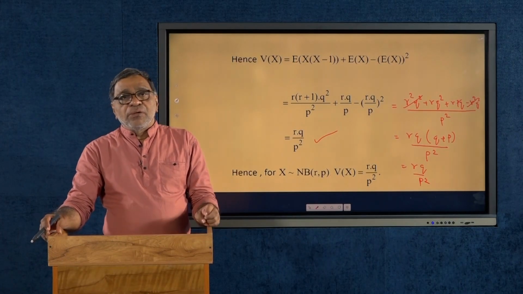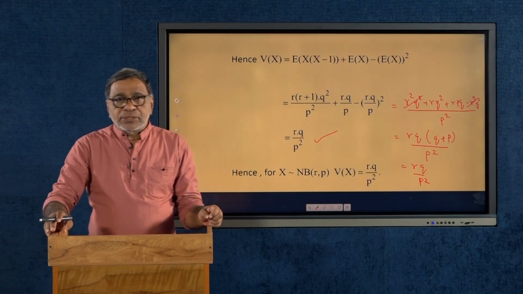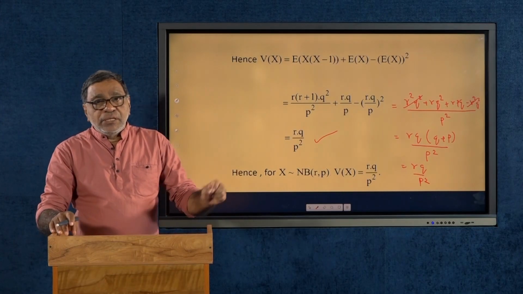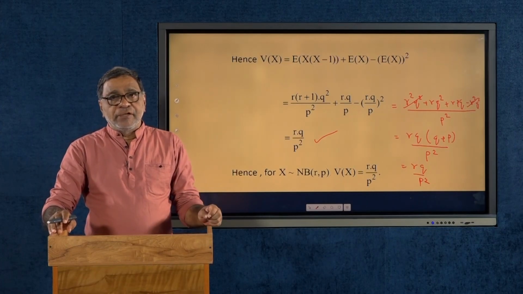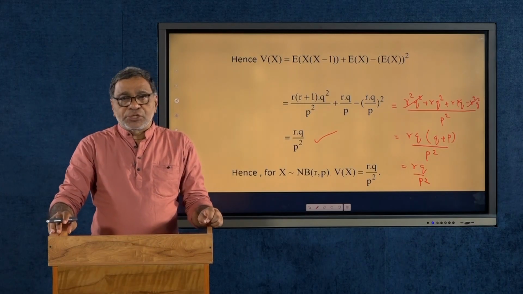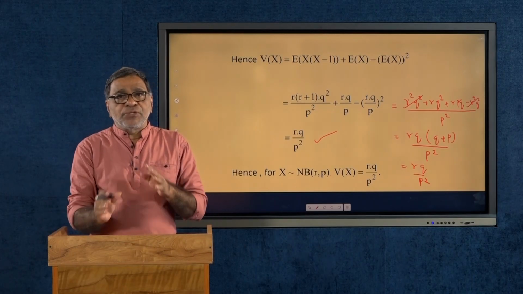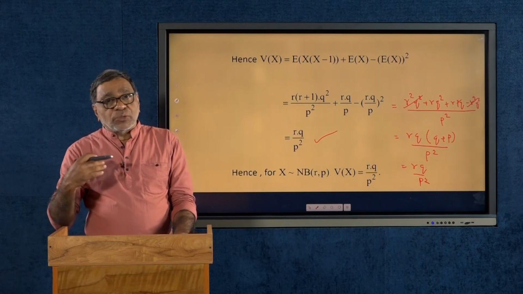Thus for a negative binomial random variable with the parameters r and p, the mean we obtained as r q divided by p, and the variance is equal to r q divided by p square. On the basis of these two values, mean and variance, what is our conclusion?